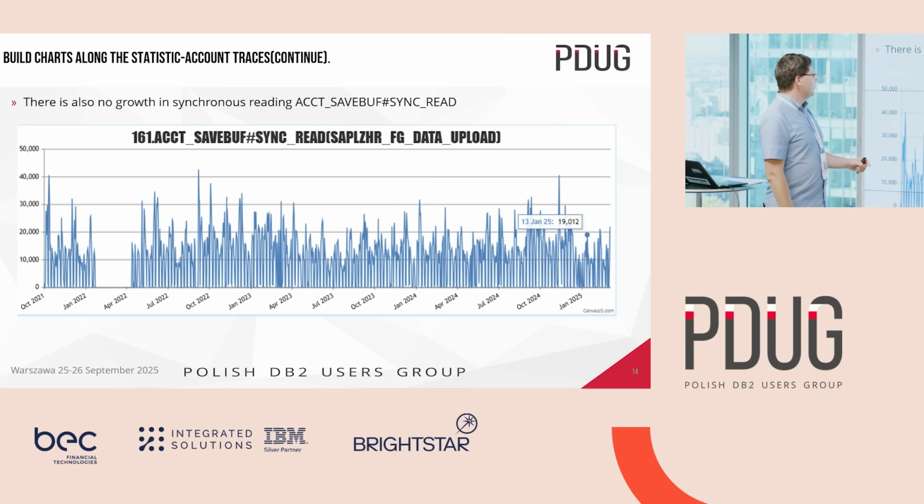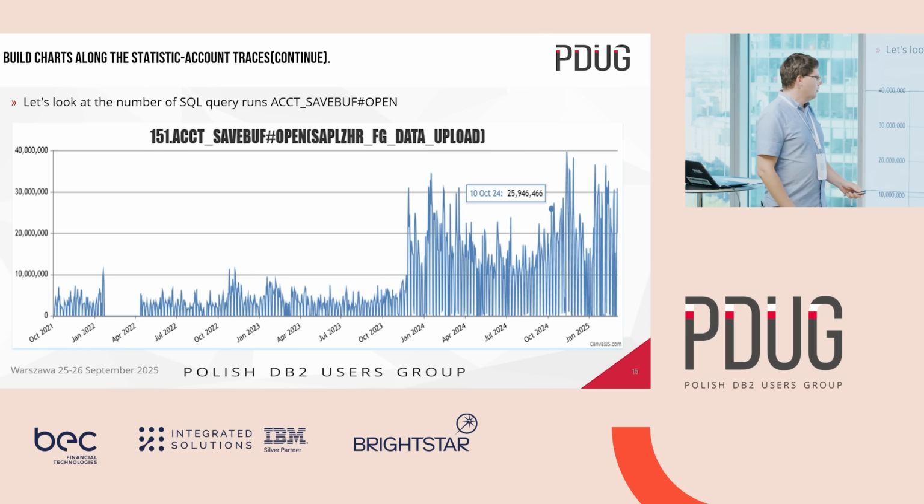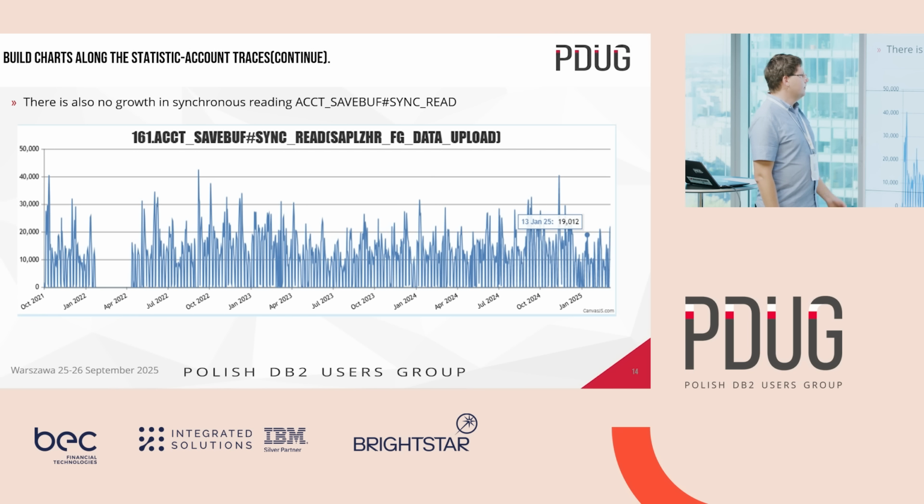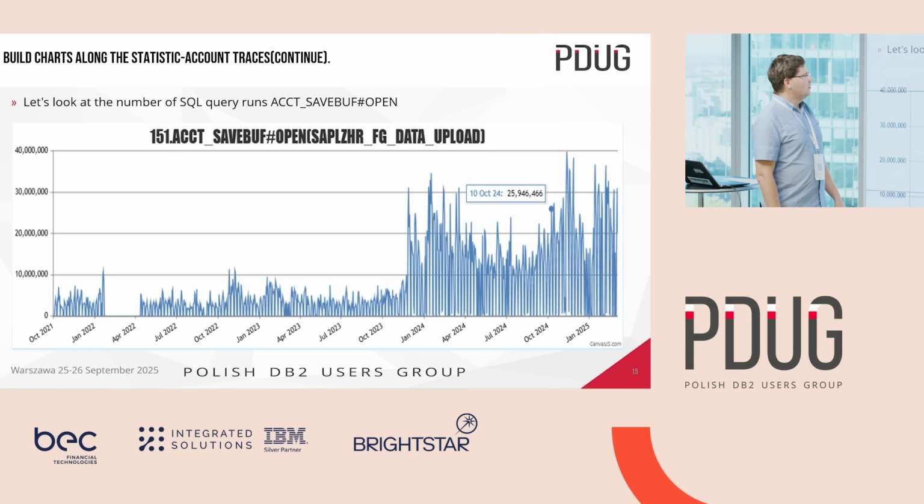I continue to build different charts for the SAP data upload application. In this case, synchronous read did not increase, and I built a second accounting chart, open. Open shows me information on how often SQLs are performed. In this case, the value actually increased from October 2023 to January 2024.